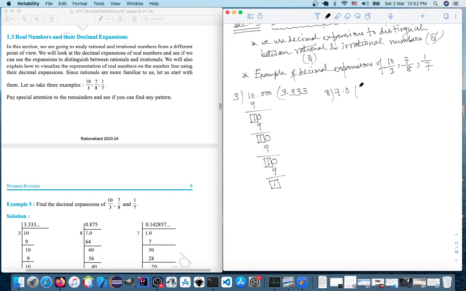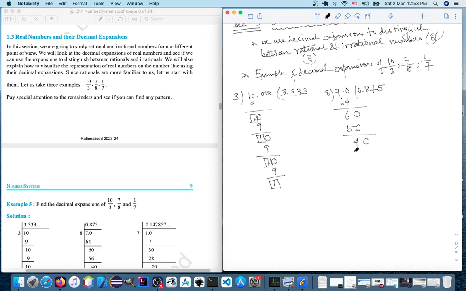So we will have 0, we will have 8, 64, this is 6, we will have 0, then we will have 7, 56, we have 4, 0, then we have 40, and we have 5.